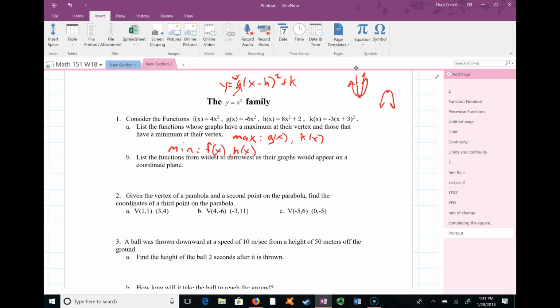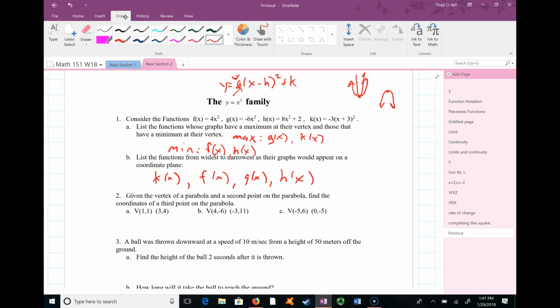The smaller the number, the wider the graph. So we're going to go from widest to narrowest, so that'd be the smallest number. So I'd start with k, and then the next one would be f, and then g, and then h. I'm going to change that color real quick.